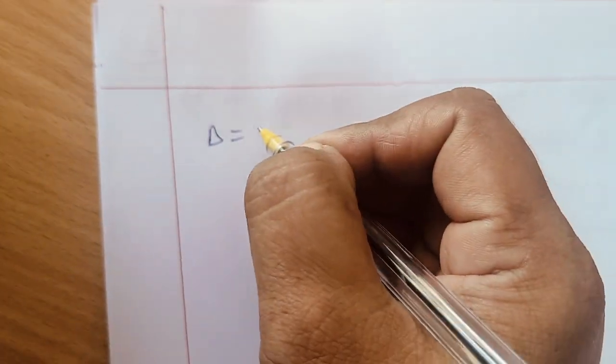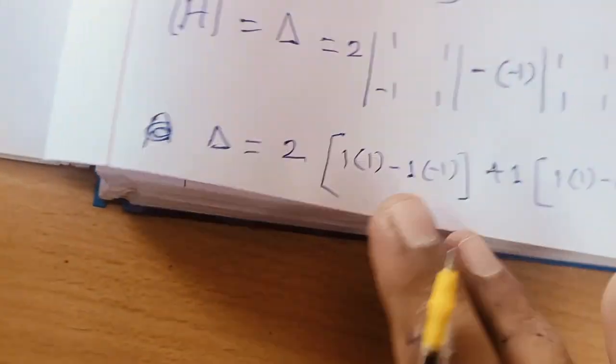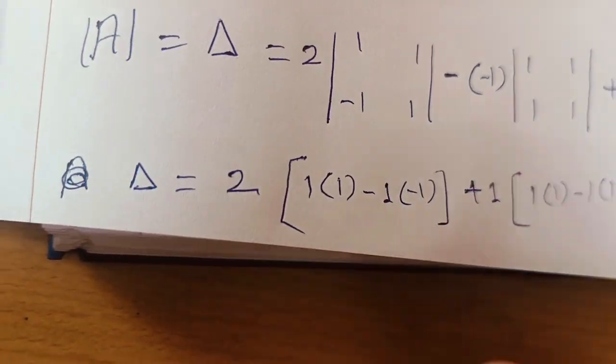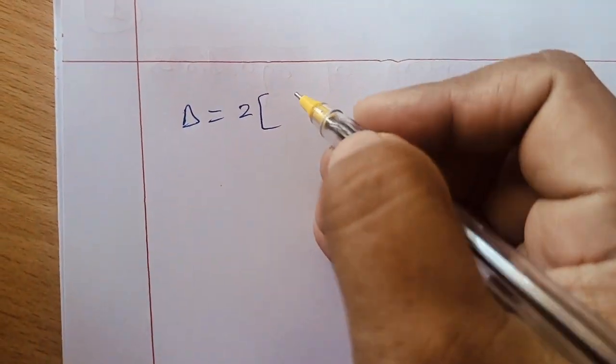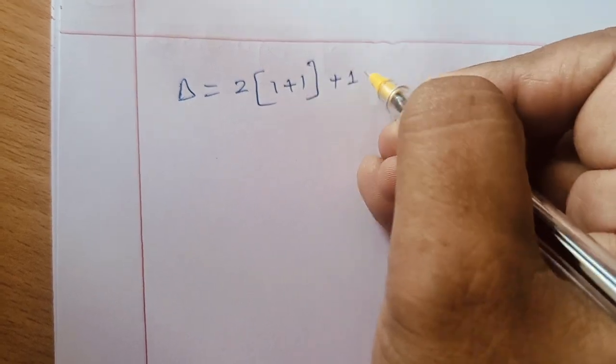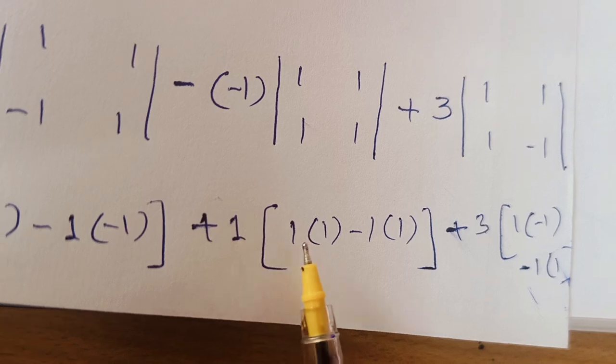So we get delta is equal to 2 into, this is 1, minus 1 into minus 1 becomes plus 1. So 1 plus 1. Second term plus 1 into, this is 1 minus 1.